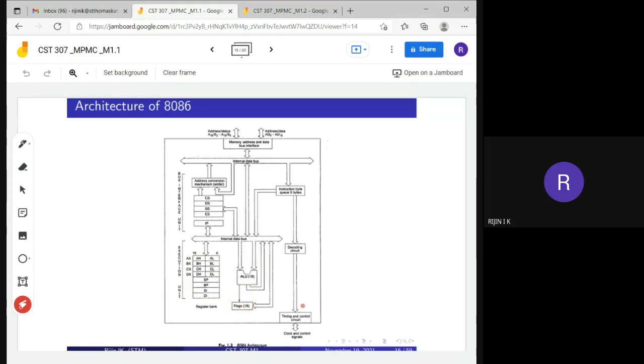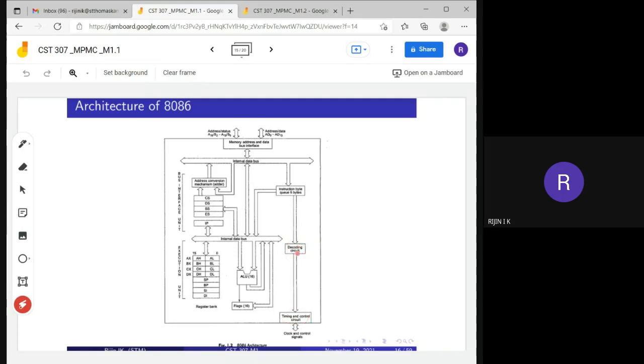Now we can see the different blocks present in the execution unit. First, there is a general purpose register. Then there are pointer and index registers. Then there is an ALU, flag register, timing and control circuit, and decoding unit.